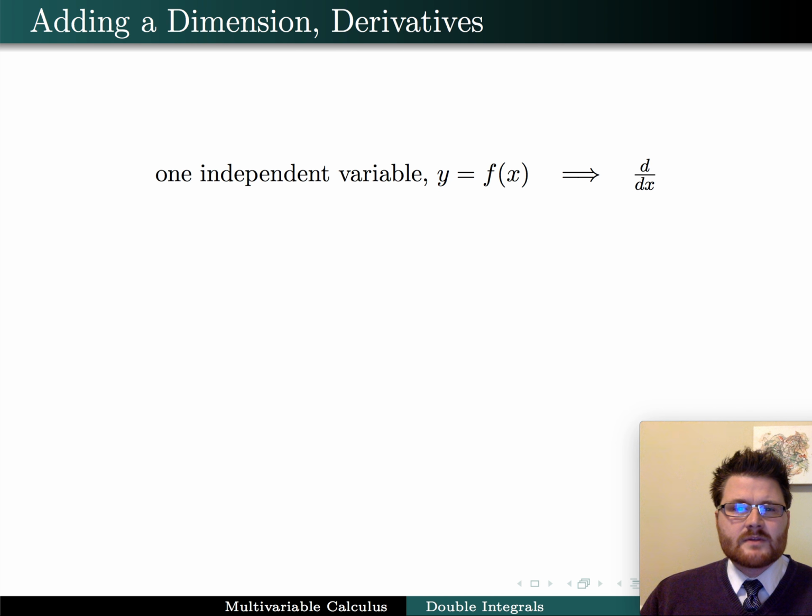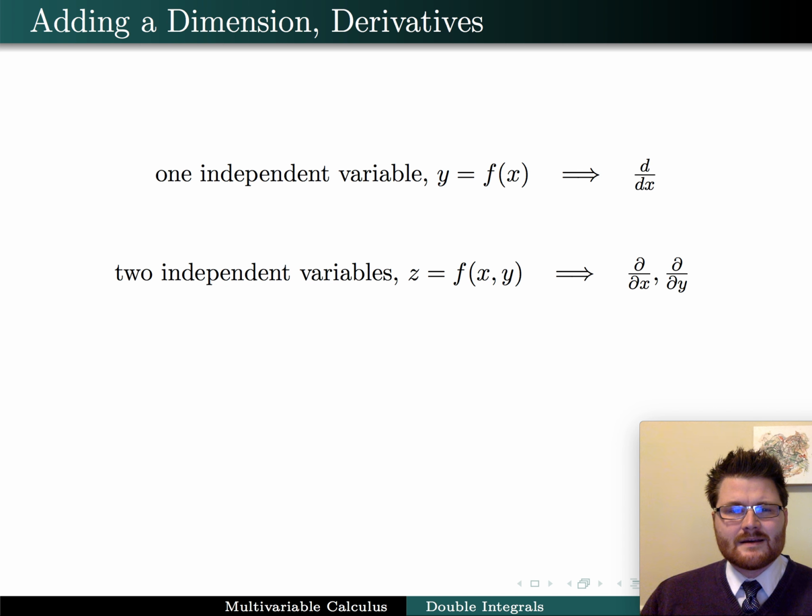So we've been doing some differential calculus with multiple independent variables. When we had just one independent variable, we had the derivative, which gives us the rate of change. How does y change as we change x? When we add a dimension to that, we've seen that with a function of two independent variables, we're no longer talking about a curve in space, but perhaps a surface.